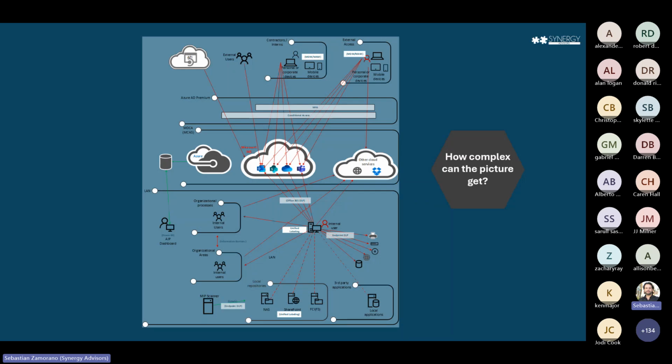For that reason, when we talk about Microsoft Purview, when we talk about data governance, we need to keep in mind that there are several pieces. You can see Microsoft Purview as a kind of puzzle with several pieces, and depending on how we join these pieces, finally we will have a good picture or a bad picture.